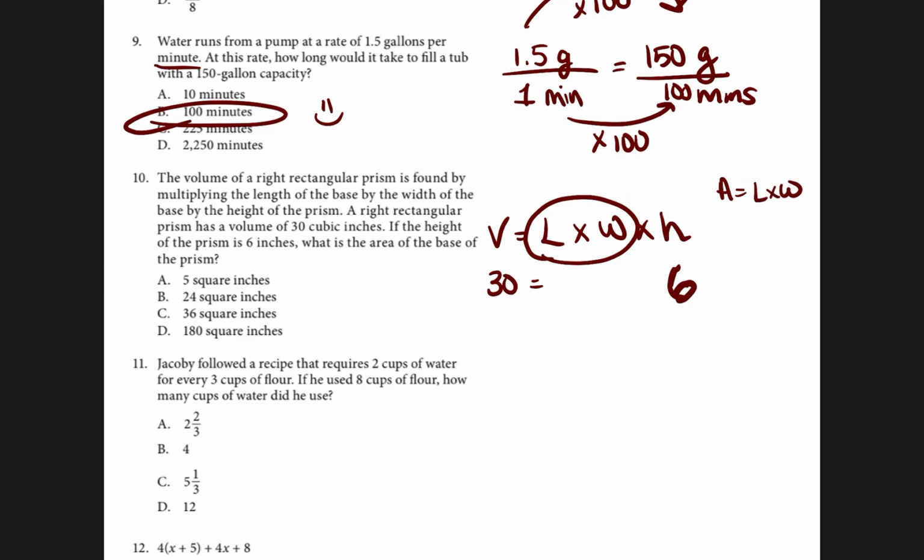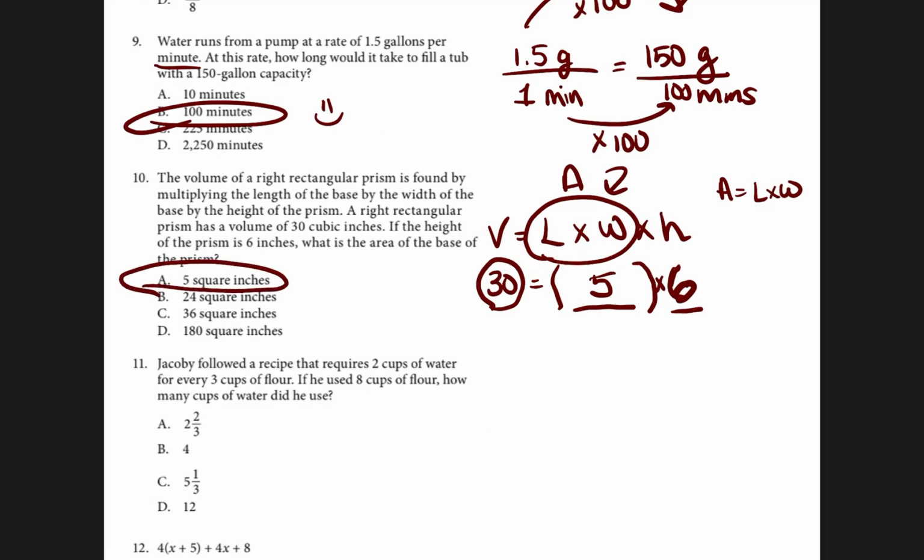So they're asking us, if the height is 6, what is the area? So basically, what would these two numbers, length times the width, be equal to? So remember, length times the width times the height should equal 30. So length times the width, 5 times 6 is equal to 30. So the area, or the length times the width, would be equal to 5 inches.